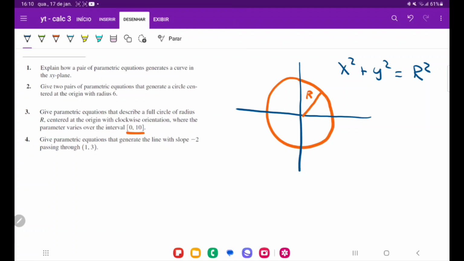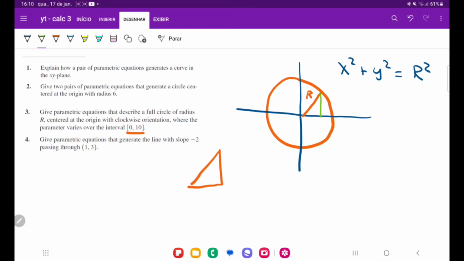But what we can do instead is treat x and y as outputs of a parameter t, where t is considered our angle. So if we break this down into a triangle, right?